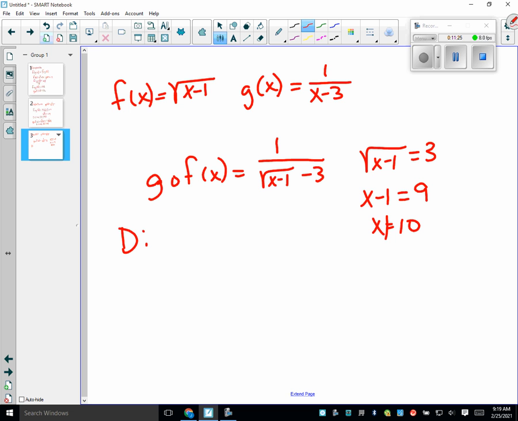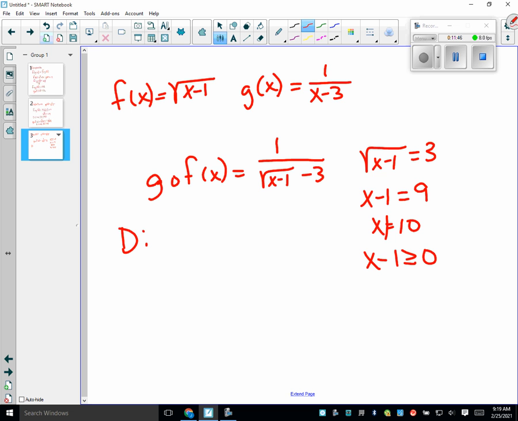All right. Is it also true that x minus 1 has to be greater than or equal to 0? Is that true?